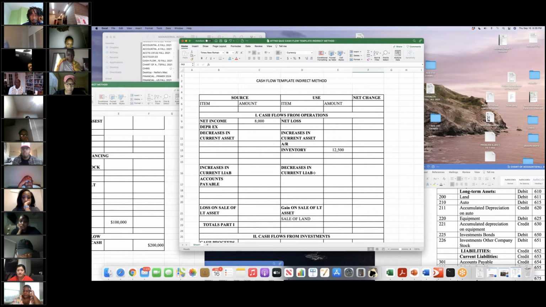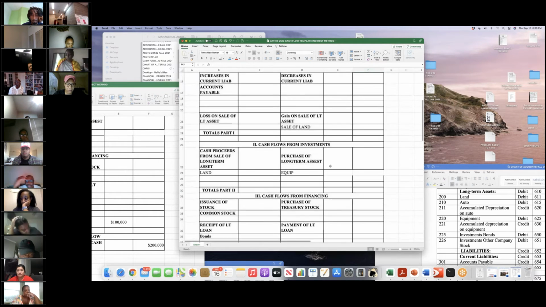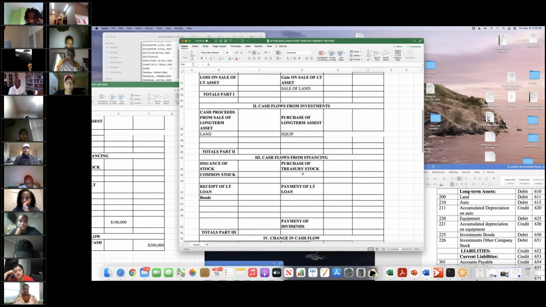Then you have the loss on these assets. Part two: if you sell a long-term asset it's a source, if you buy one it's a use.